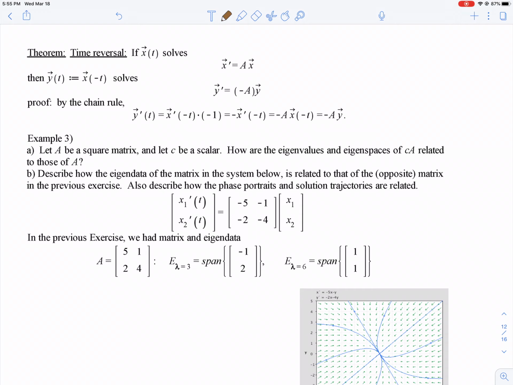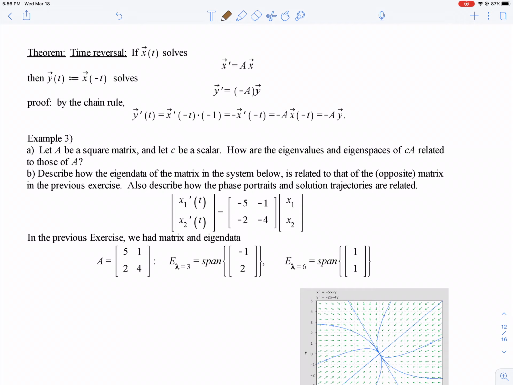So if you have the system x prime equals Ax, then if you change your coefficient matrix to minus A, and you take your solutions to the first system and take x of minus t and call that y of t, then y of t will solve that new first order system which has the opposite matrix. So in other words, if you take the opposite matrix, you get the same solution trajectories, they're just going in the opposite direction.